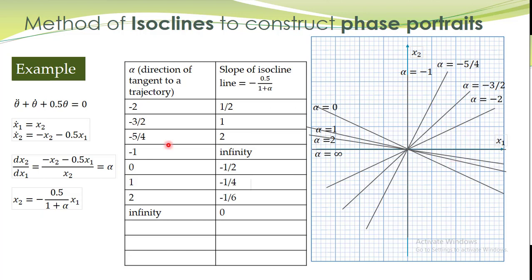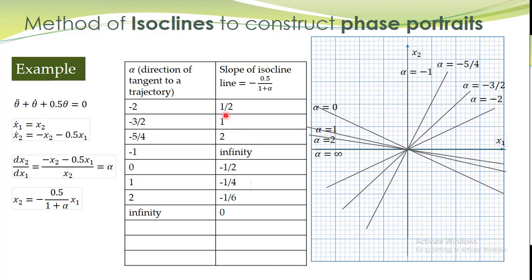If you are not feeling convenient with that one, you can simply take some numerical values, equally distant numerical values of alpha, and use a protractor. So I wanted to get rid of the protractor. So for me it was more convenient to think about numerical values of alpha so that the slope of the lines will be such that I can draw these lines easily.